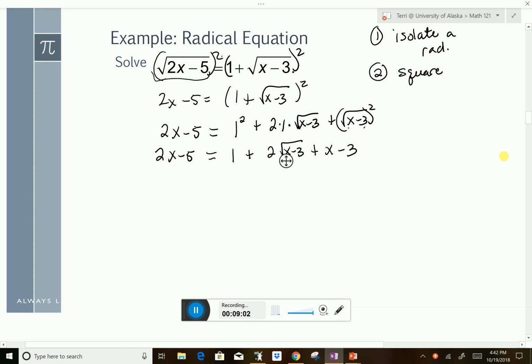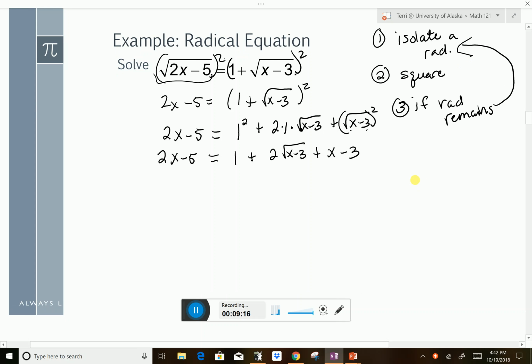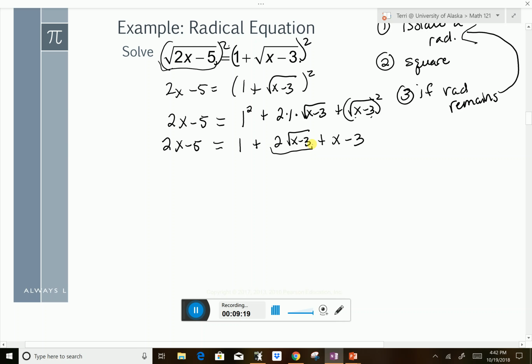All right, so remember, if a radical remains, we go back to step 1. Now we have to isolate the radical again. So let's isolate the radical.